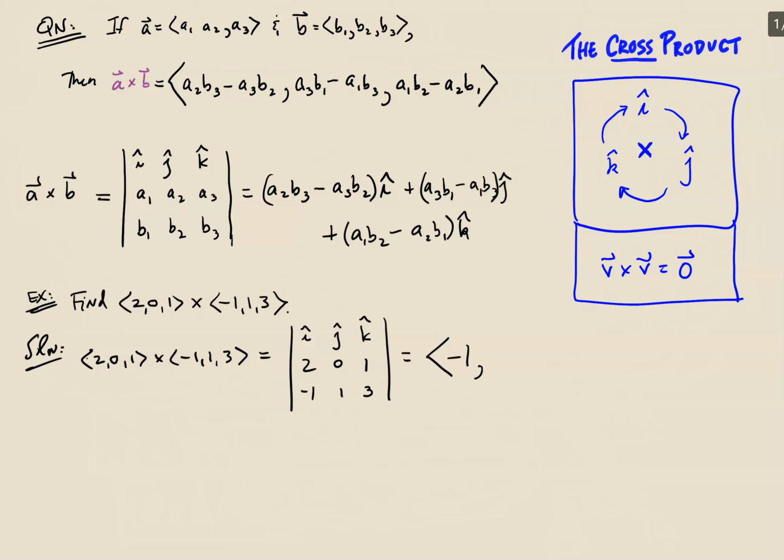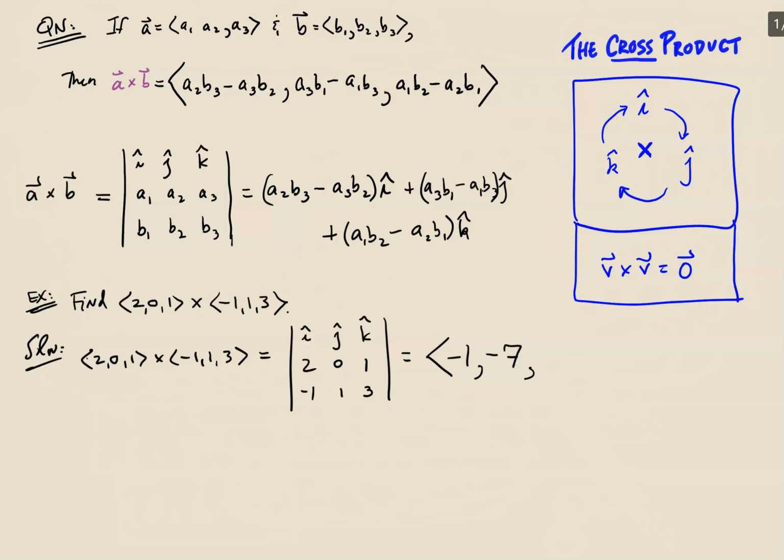And now when we move on to the second component, our j-hat stuff, we start at j-hat and we go down and to the right, and we're going to get 1 times minus 1. So we're going to get a minus 1, and then we have to subtract from that 2 times 3, which is 6. So we get minus 1 minus 6, which of course is minus 7. So that's going to be our second component.